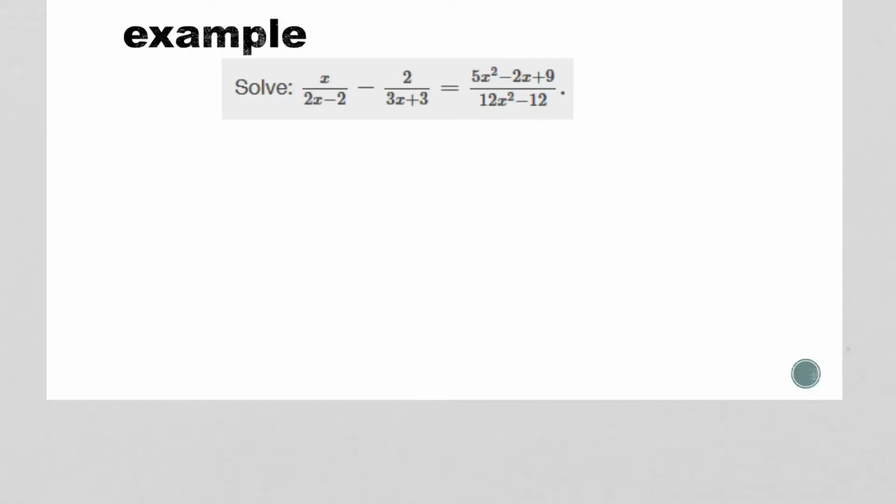So the first thing that I would do with this problem is I would rewrite the whole problem and I would factor everything that I could, okay? So this 2 times x minus 1, 3 times x plus 1, and this would be 12 times x squared minus 1, which turns into 12 times x minus 1, x plus 1.